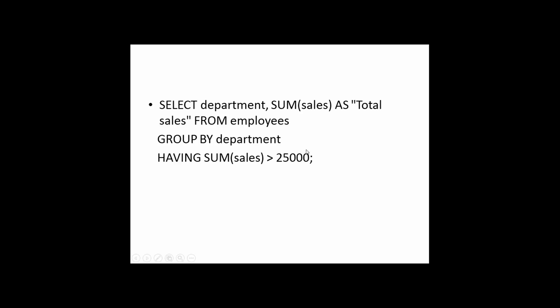Suppose in this example you have a department, and the sum of salary as total salary from employees. You will be grouping on all the columns listed, like department. Suppose you want to find how many groups we are paying more than 25,000. Then we will be writing a having clause.